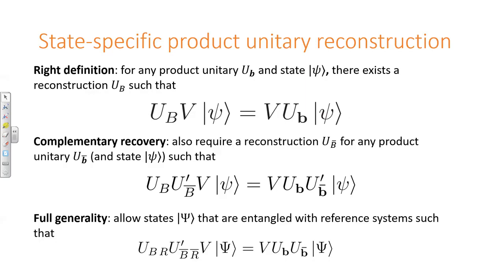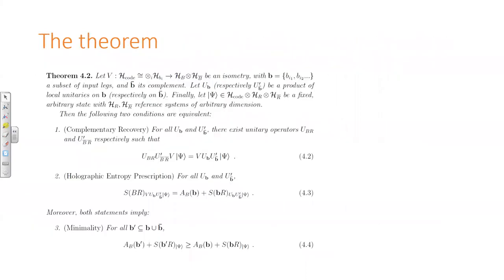So we're going to allow the psi to be purified with a reference system, but then we're going to need to allow these reconstructions to act on that reference system as well as big B and big B bar. Okay, so this is the most general thing you can have. But don't worry too much about this. You can just think about this one for pure states if you'd rather. Okay, and then finally, ready to state the theorem, only 50 minutes in.